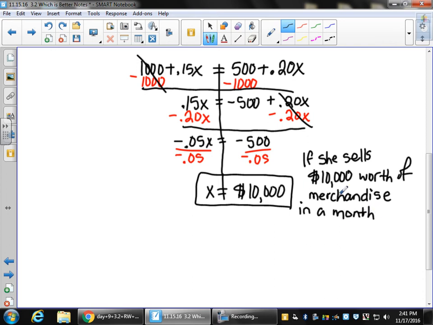So if she sells $10,000 worth of merchandise in a month, she will earn the same at both places.